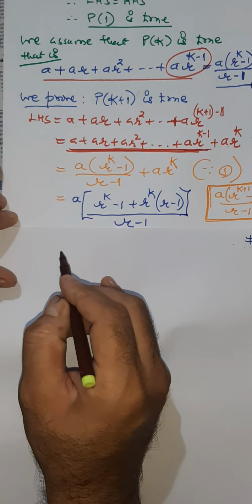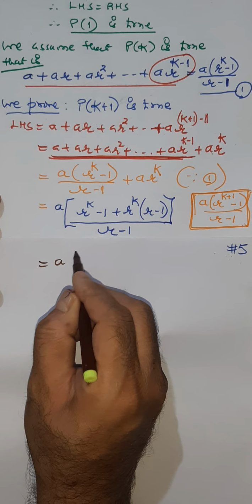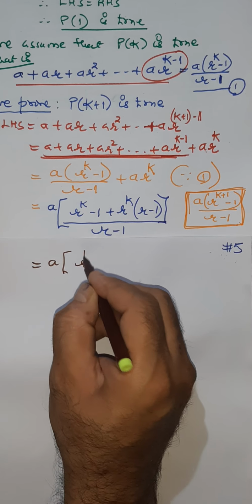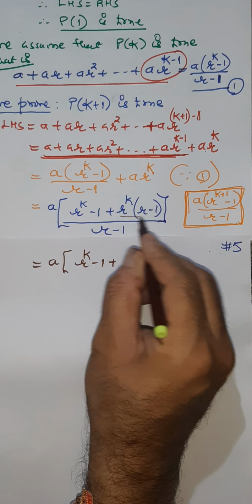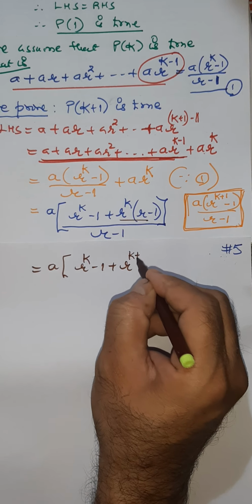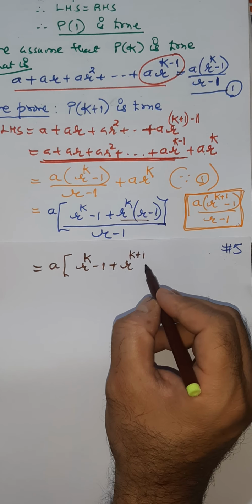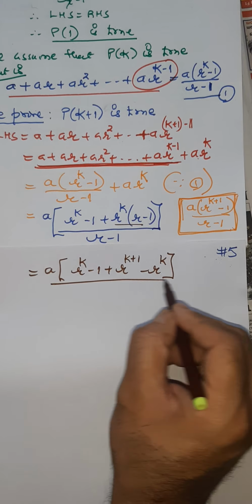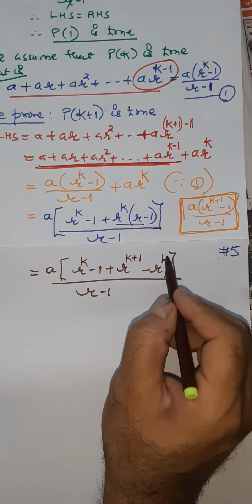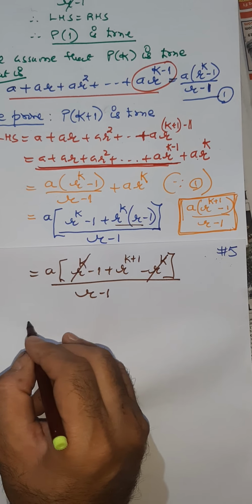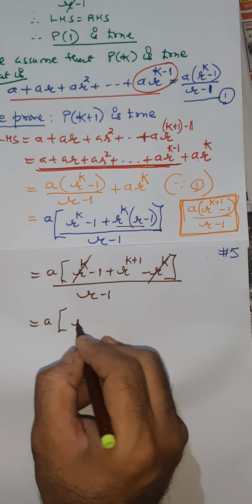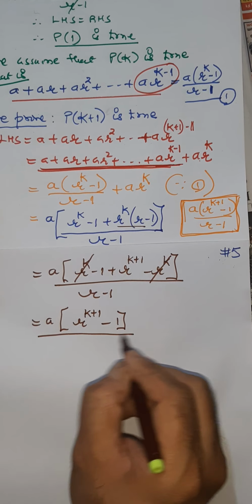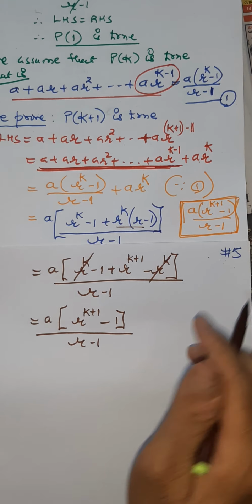So now further, a into, if I open the bracket, r raised to k minus 1, here r raised to k plus 1, bases are same, so you can add the exponents, minus r raised to k, upon r minus 1. So this will get cancelled. So what are we getting? R raised to k plus 1 minus 1 upon r minus 1. This is what you wanted.